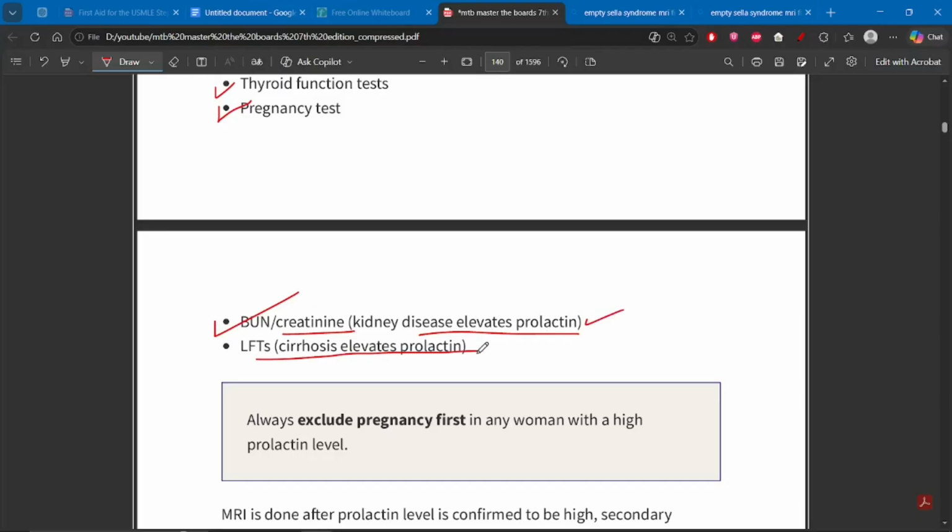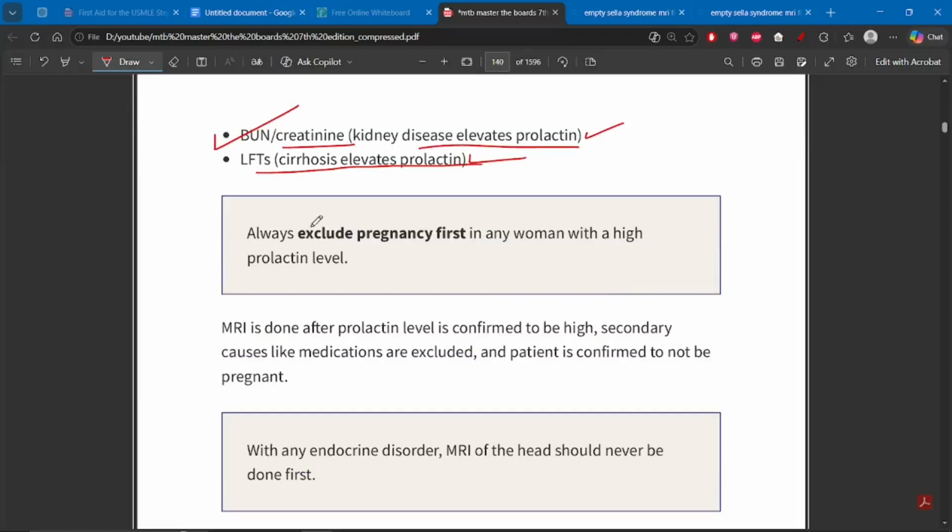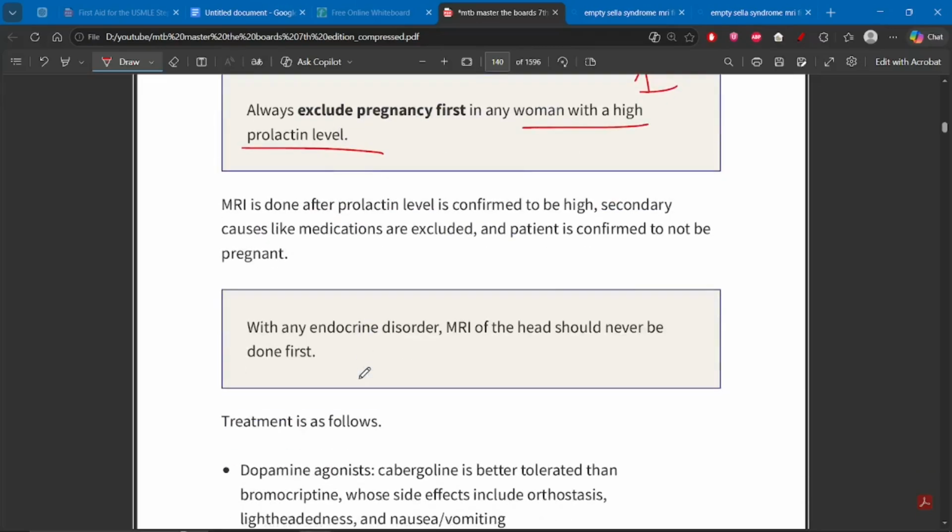Keep in mind these two points: kidney disease and liver disease can elevate prolactin as well. So always exclude pregnancy first in any woman with high prolactin levels. This is the first step in evaluation. If they ask you what is the first step in evaluation, always exclude pregnancy in a woman with a high prolactin level.